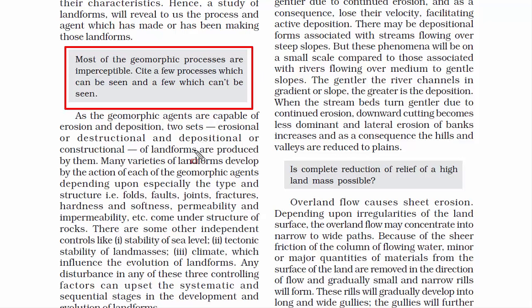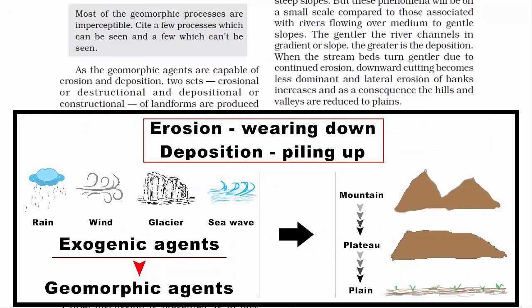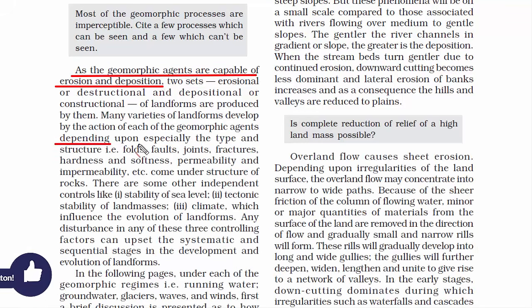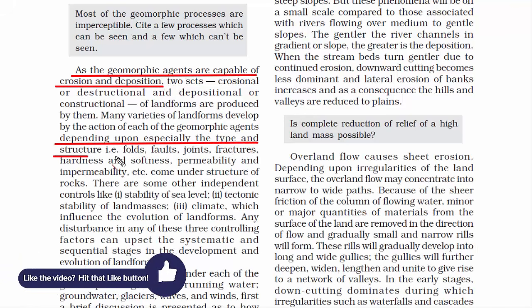Now why is this process imperceptible? Or in other words, why is it slow? The evolution of landforms is a slow and long process. And what makes it slow and long has both dependent as well as independent reasons behind it. We know that exogenic forces act very heavily on these natural structures, especially structures in the form of folds, faults, joints and fractures. The exogenic forces change them to a large extent.